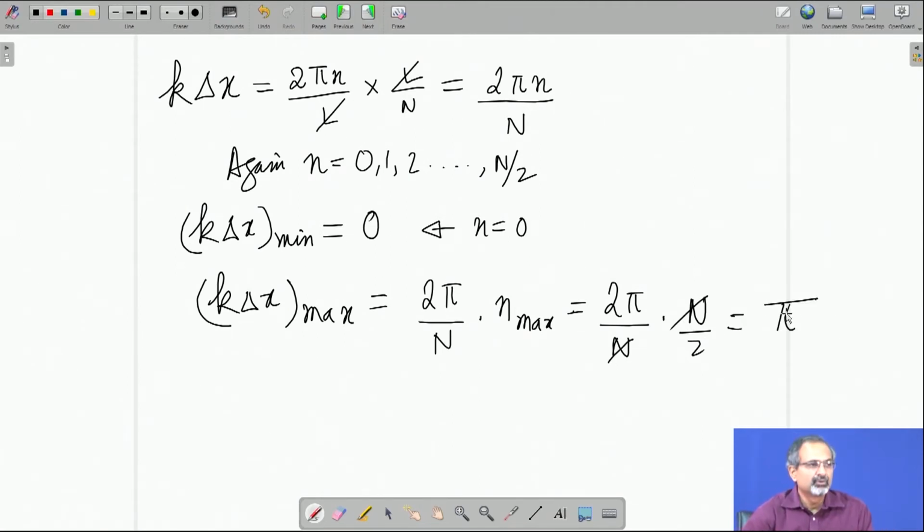So, the maximum value of k times delta x would be pi.